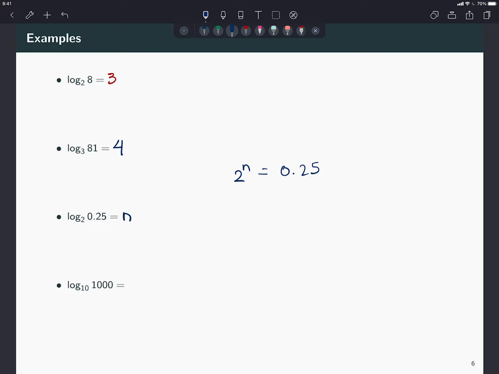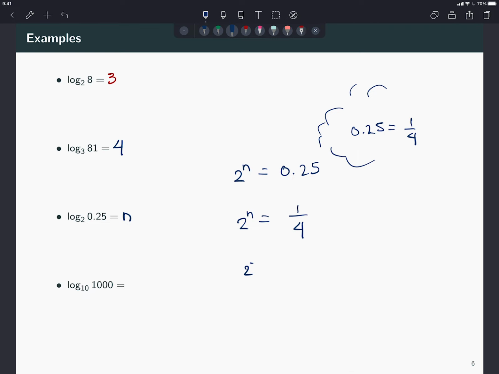Now, that's not easy to see, but if you remember, 0.25 just is 1/4. So that helps me a little bit because I'm looking for a power that gives me 4 in the denominator. A couple of videos ago, if you're coming from the sequence of videos, we talked about negative exponents.